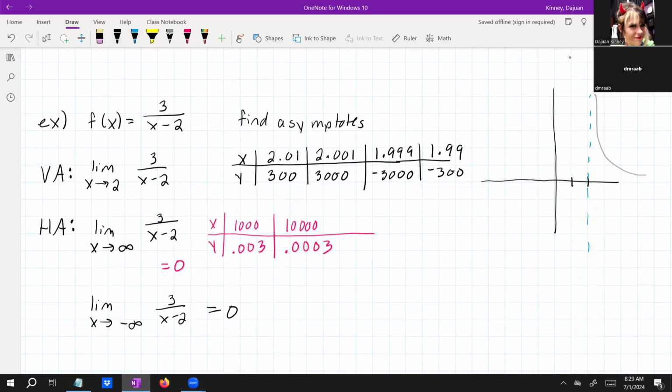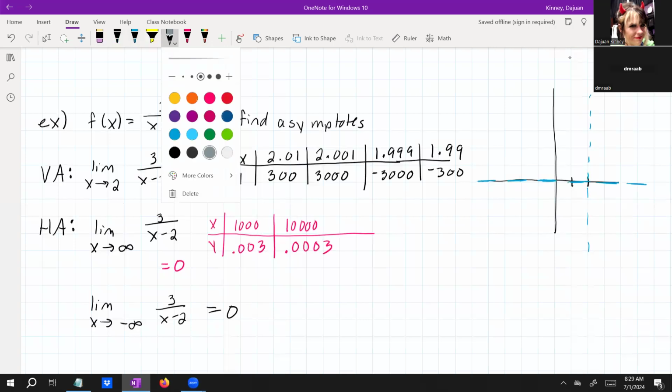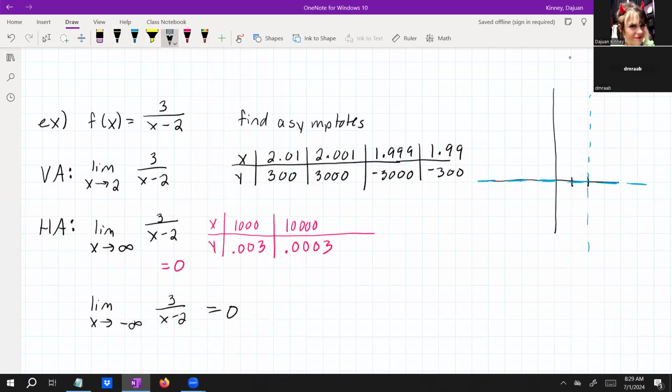Let's throw another horizontal asymptote on here. Now you can have more than one vertical asymptote, but you'll never have more than one horizontal. Yeah, we're good. So that's what our graph looks like.